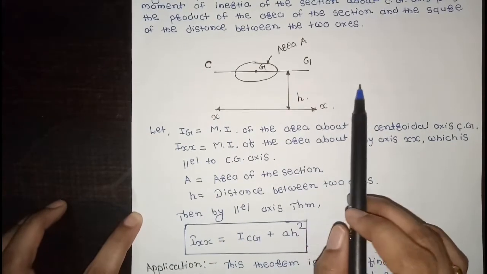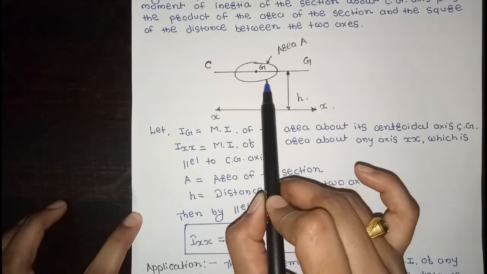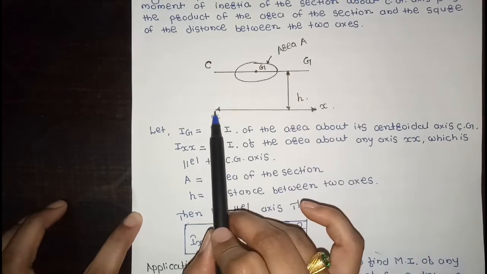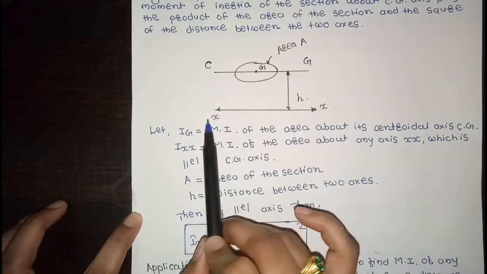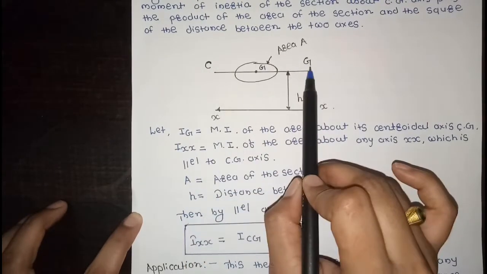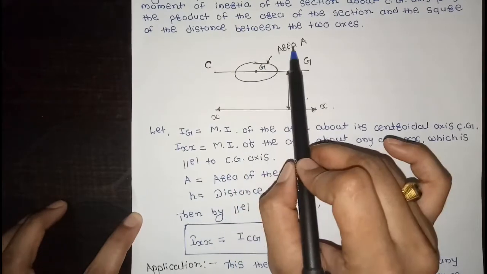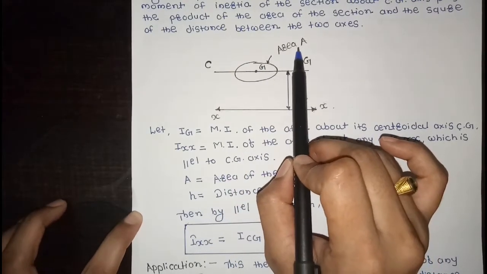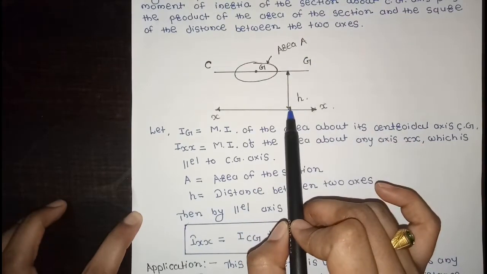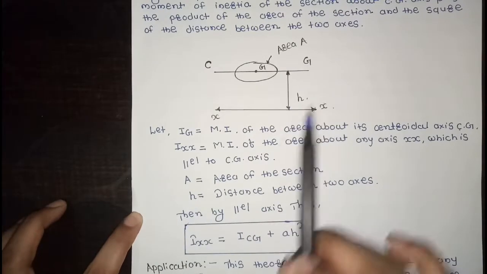Okay, the theorem states that the moment of inertia of a plane section, this is the plane section, about any axis, meaning the x-axis, which is parallel to the centroidal axis, is equal to the moment of inertia of the section about CG plus the area of the section times the square of the distance between two parallel axes.